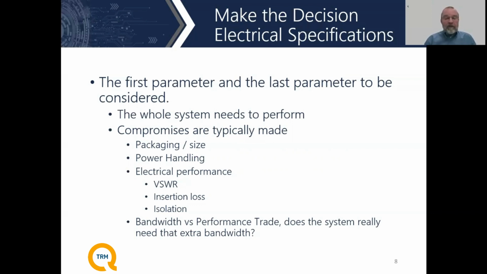Very often, by the time we get to this stage, we're looking at compromises, things as far as being able to have the part operate the way that it needs to. Things like packaging size, power handling, and bandwidth versus performance is a big one. Like I said, there are a lot of trades to be made in that bandwidth versus electrical performance trade space for a lot of these components, and it's really important to understand how all that plays out.